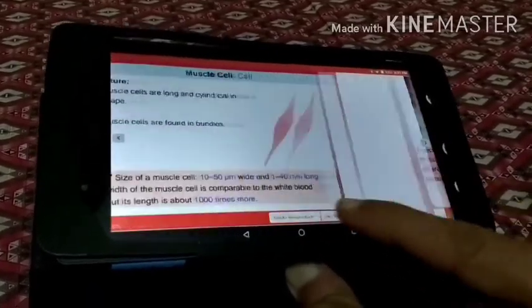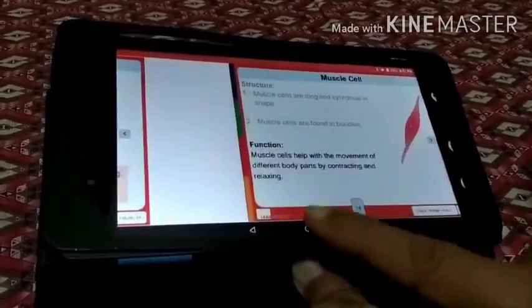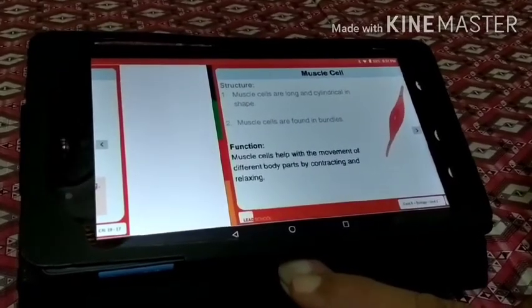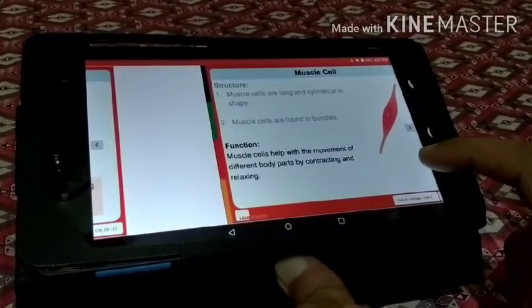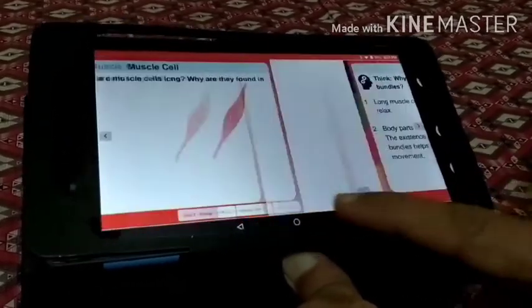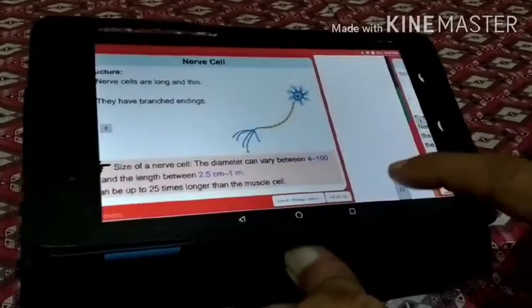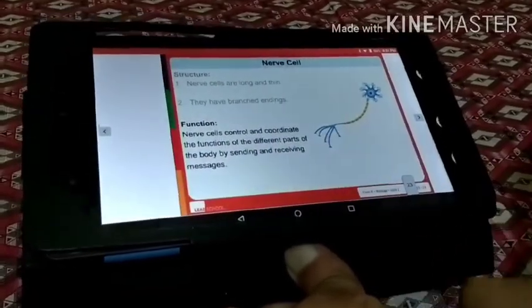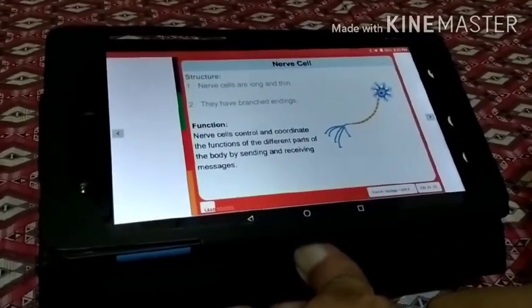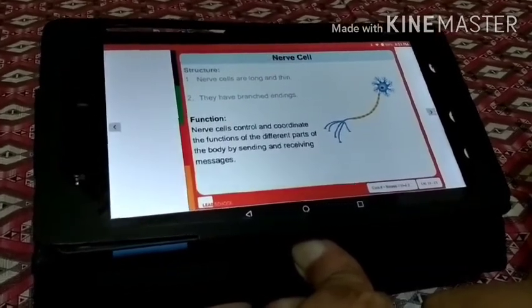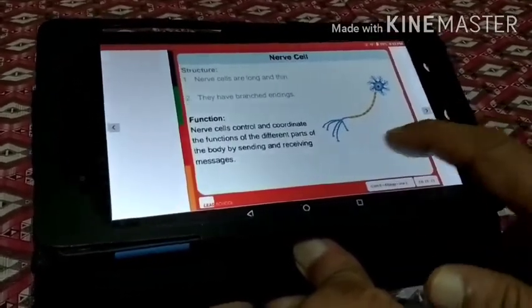Now the function of the muscle cell. Muscle cell help with the movement of the different body parts by contracting and relaxing, right? Function of the nerve cell. Nerve cell control and coordinate the functions of the different parts of the body by sending and receiving messages.